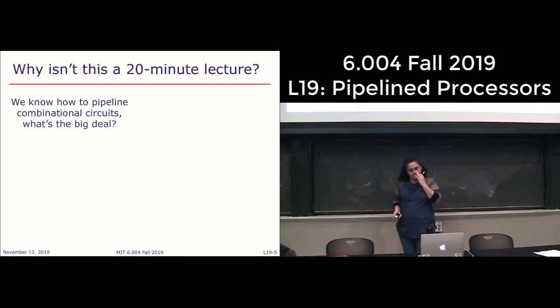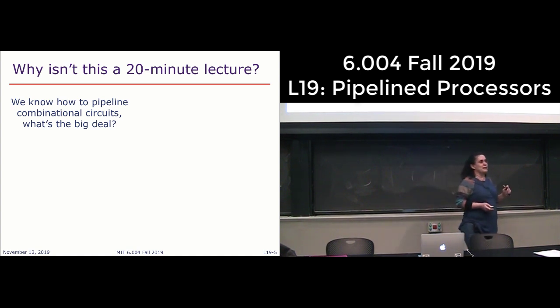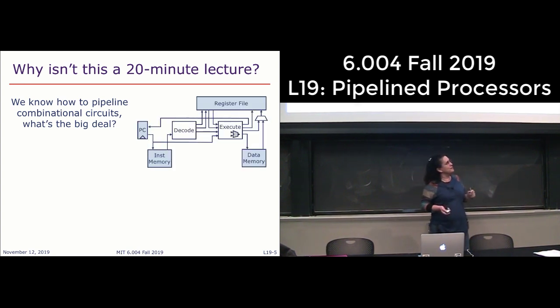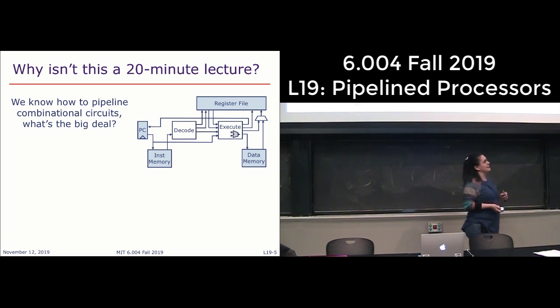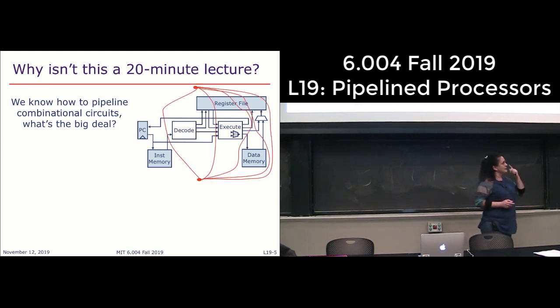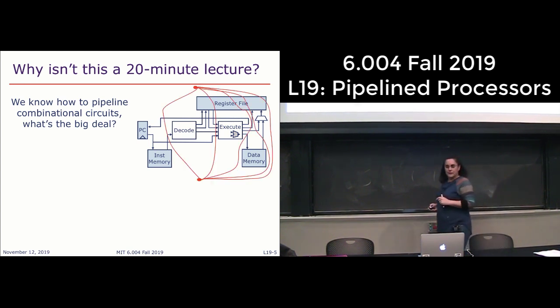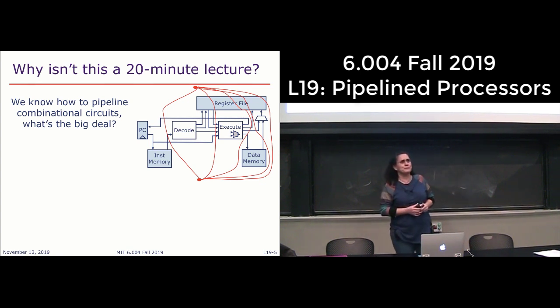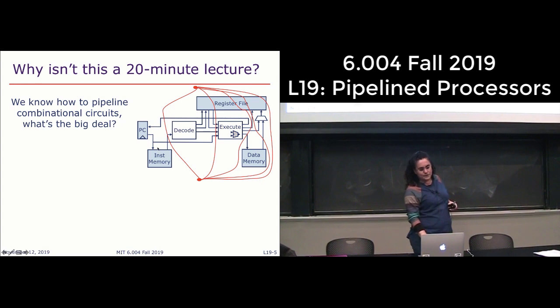Okay, so you might say, all right, this sounds kind of easy. I already know how to do pipelining, so here's my processor, and I'm just going to make a 5-stage pipeline and draw these 5 contours, and it looks pretty good, right? Here's my first stage, the instruction fetch.